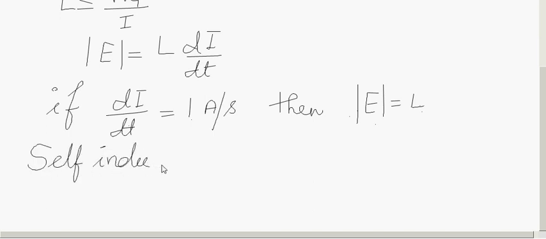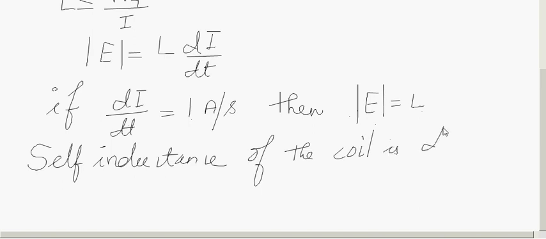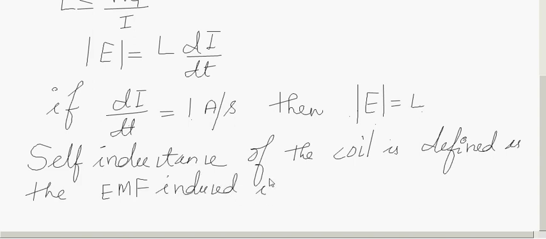Self-inductance of the coil is defined as the EMF induced in the coil when the rate of change of current through the coil is unity.